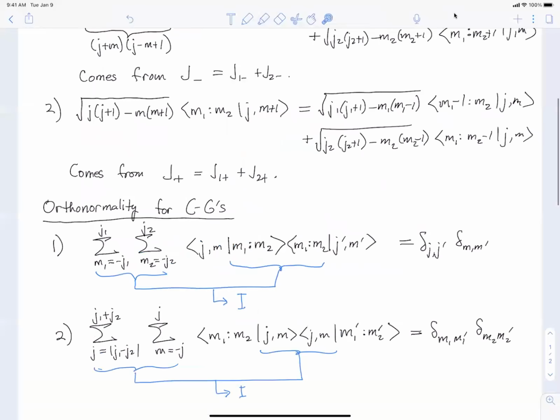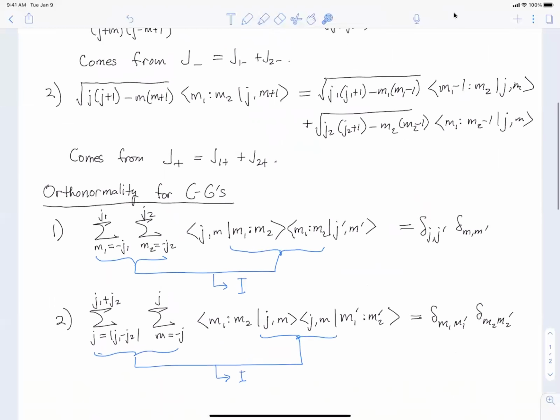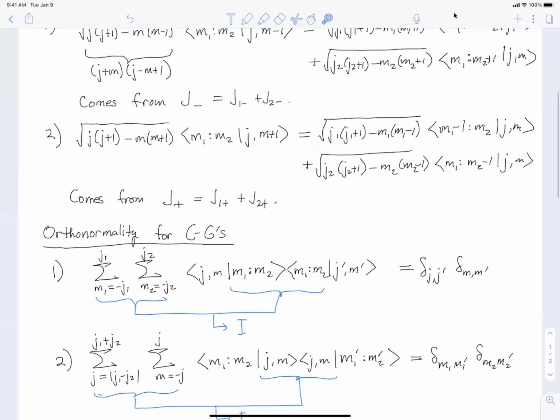Okay, so we have recursion relations and orthonormality conditions. And if you look at our algorithm, what our algorithm amounted to was just using these ones and these ones. And then the other recursion relation and the other orthonormality condition give you checks.